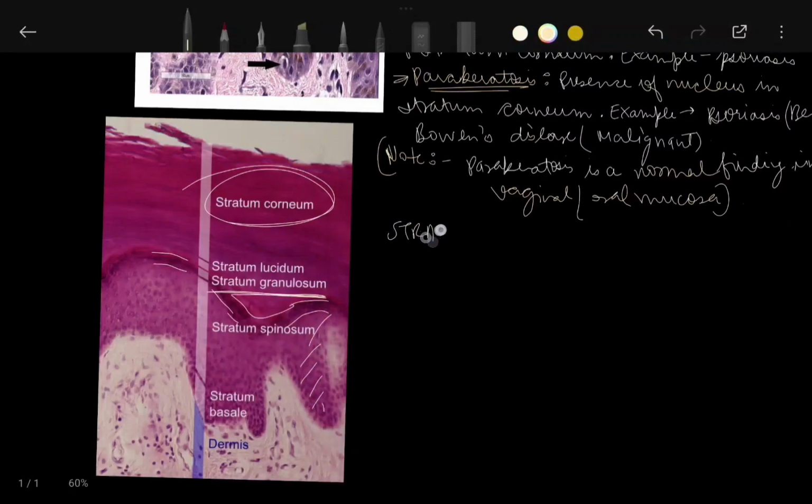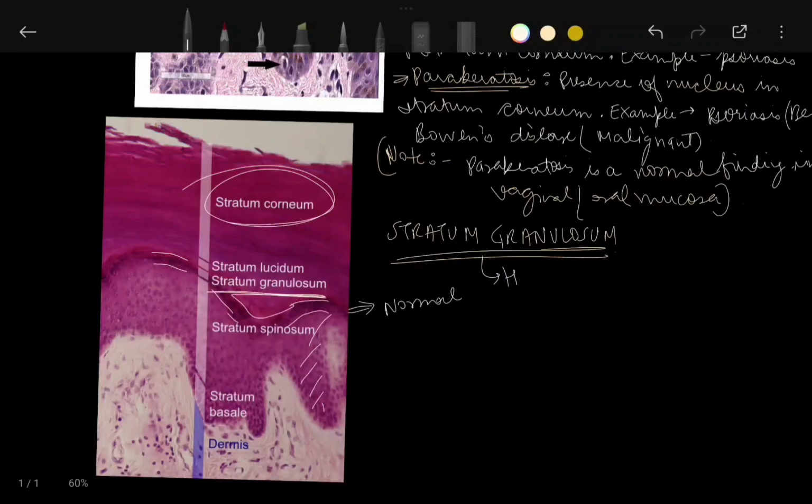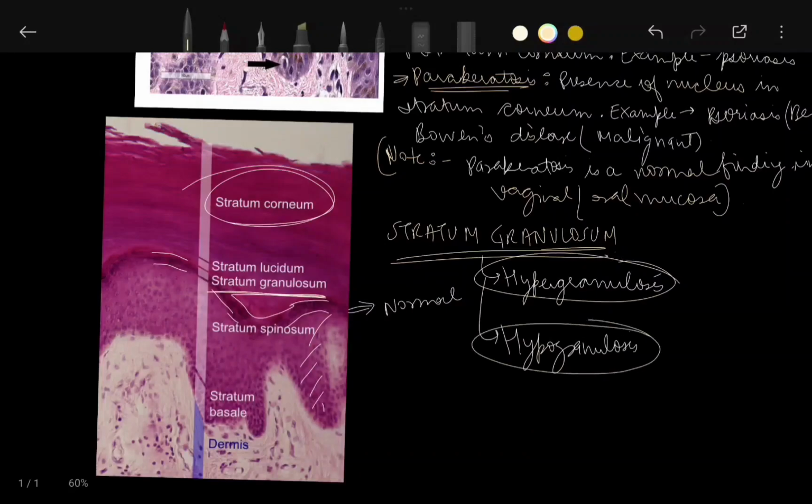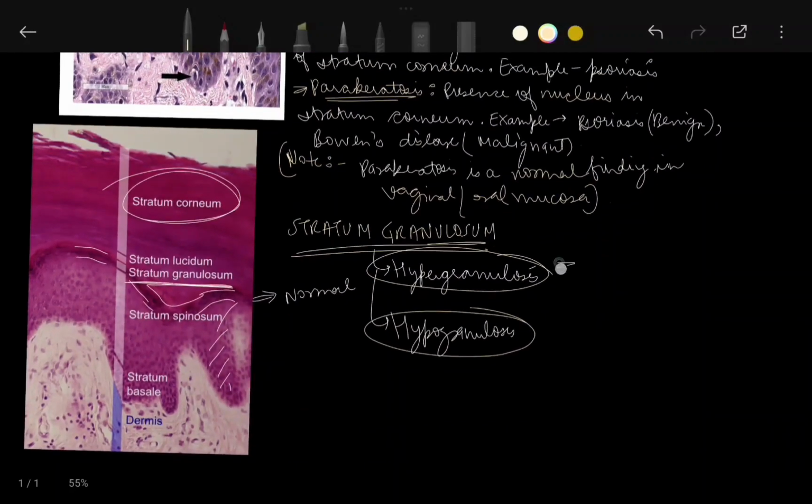Now coming to stratum granulosum. This is the normal stratum granulosum. Now there can be two cases, like hyperkeratosis and parakeratosis we saw earlier. In this case there is no paragranulosis; there is hypergranulosis and hypogranulosis.